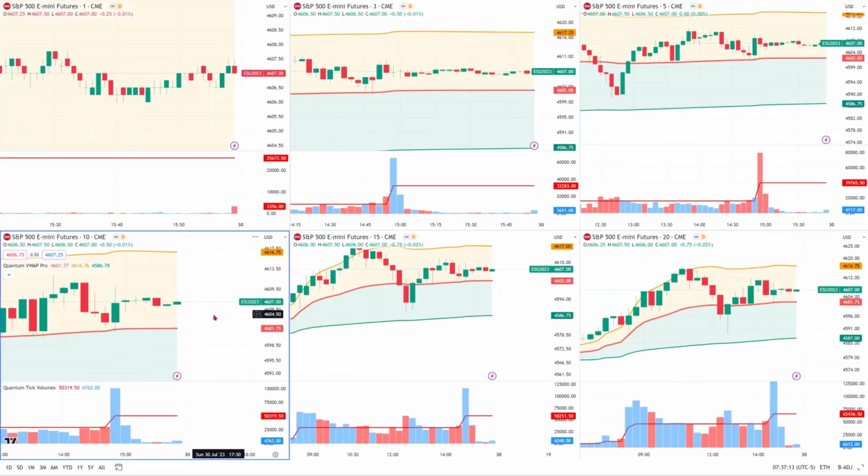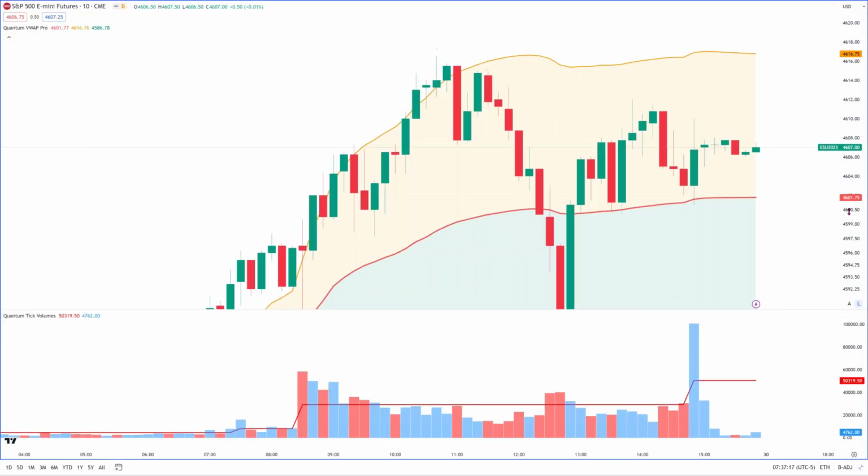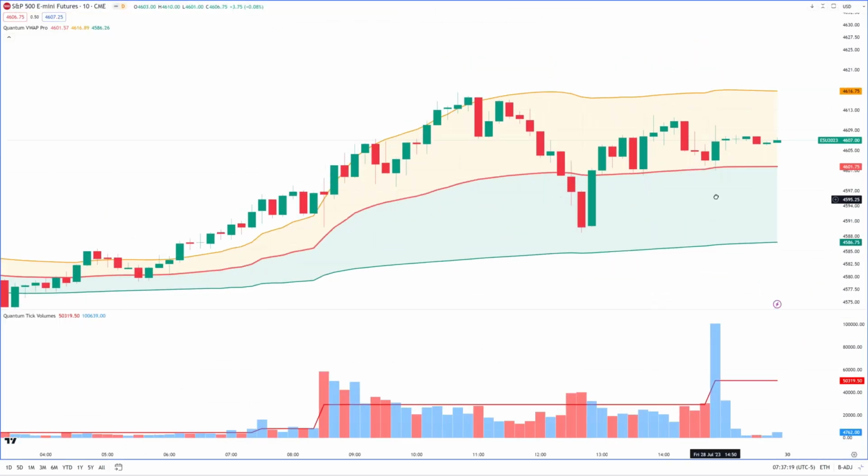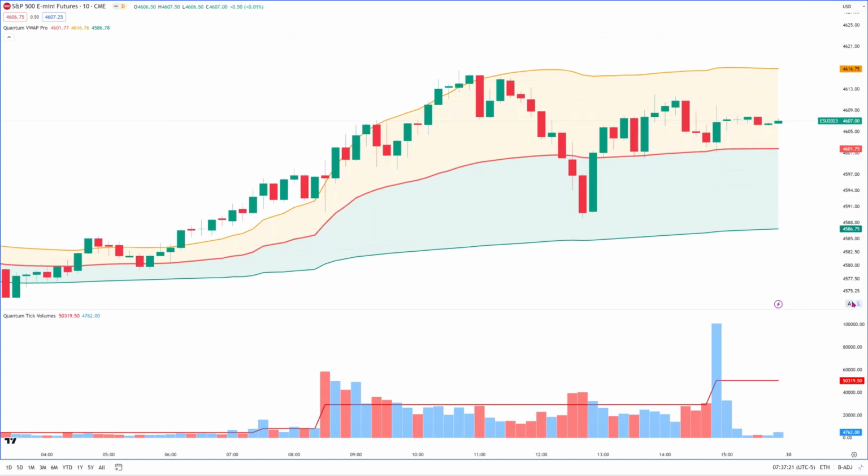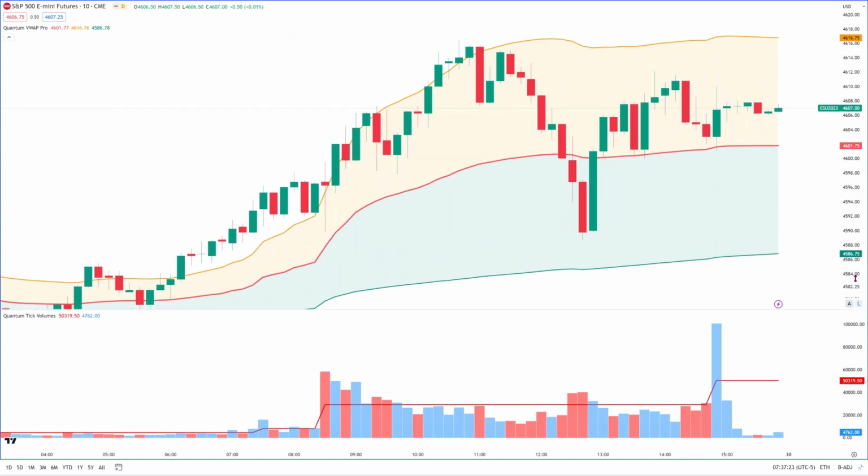So it's really all there, and it's used in exactly the same way, whatever the time frame, whatever the instrument, it is exactly the same. And as I say, this is the core, if you like, of the indicator. This is the VWAP, very much an intraday trading tool because it resets every day.